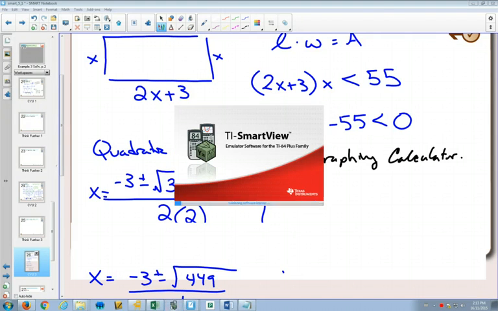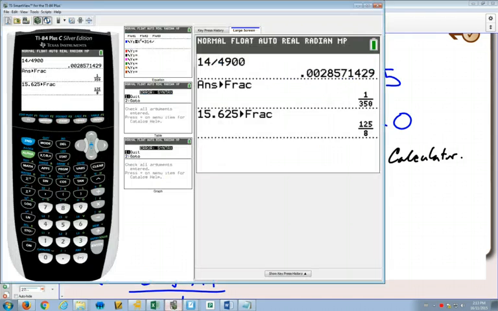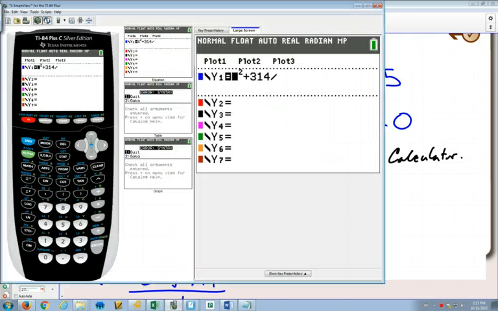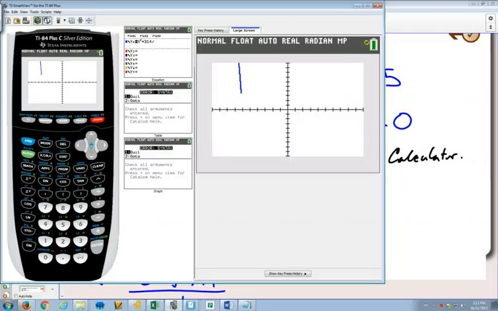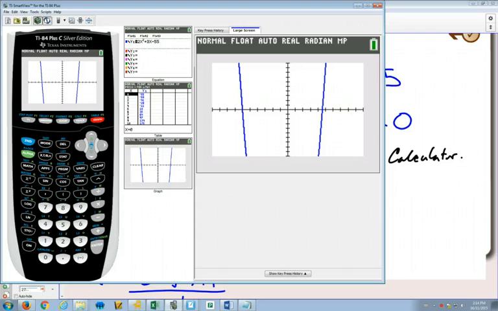You could type in 2x squared plus 3x minus 55 and hit graph and see what it looks like. So there's a parabola, and we can't really see all of the parabola. We could zoom out, but you can see both x-intercepts.